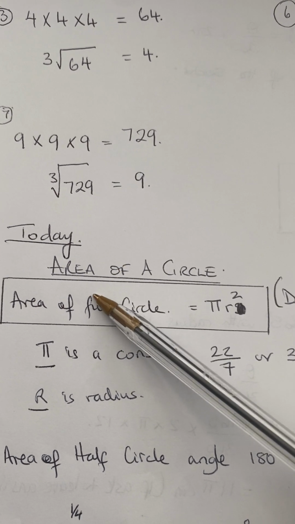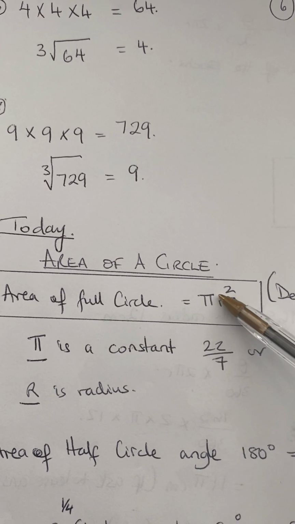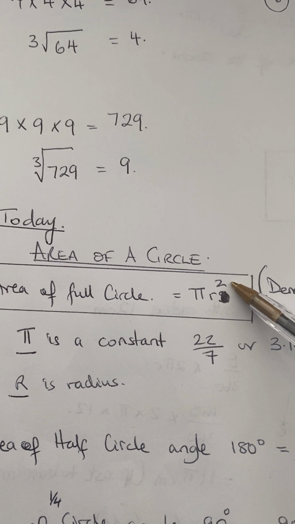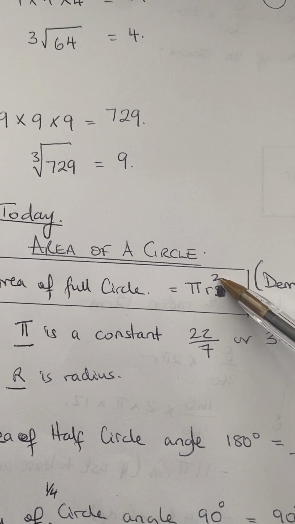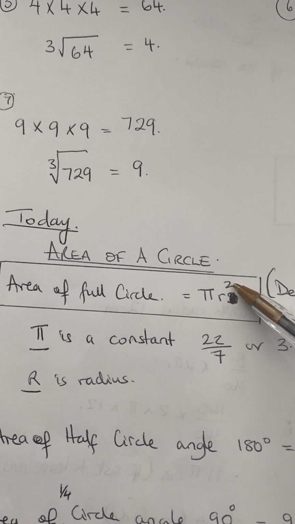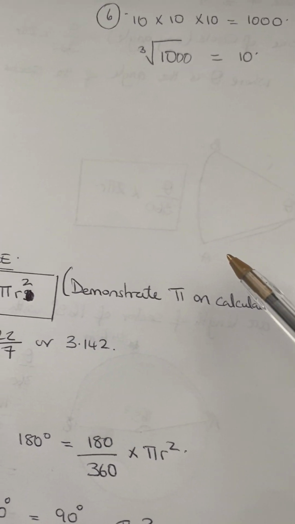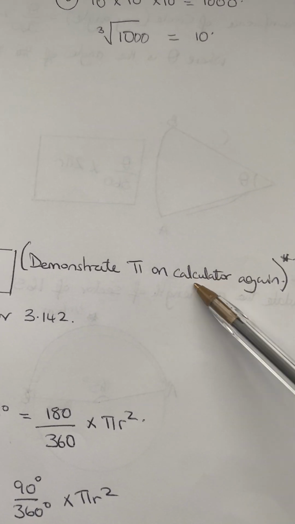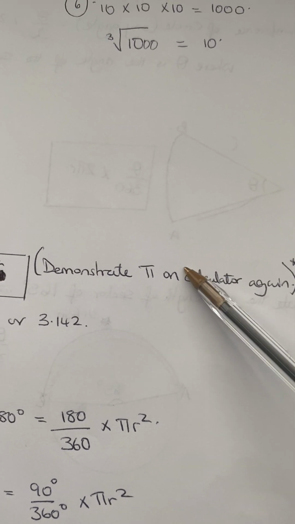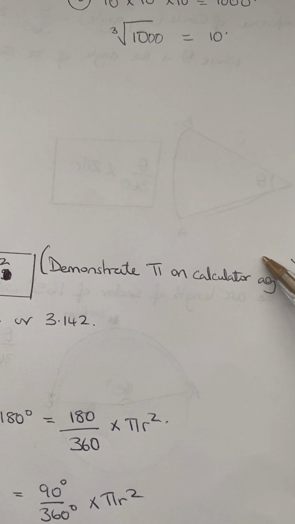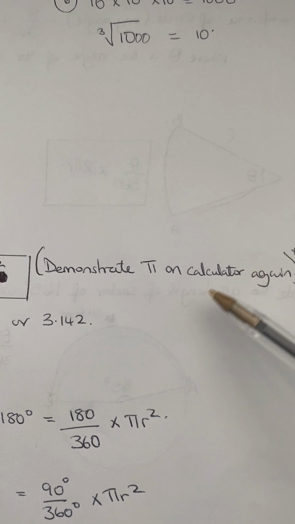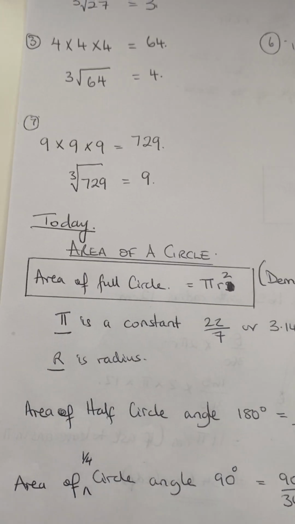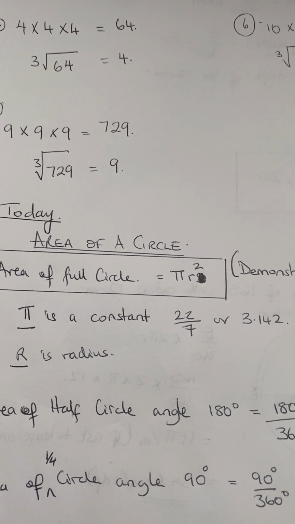Now we know the area of a full circle is pi r squared. We know this from primary school or upper primary school. Okay, now I've shown you how to find pi on the calculator yesterday and today, and I've just done it in the recap session.